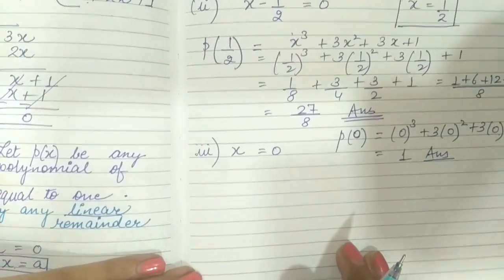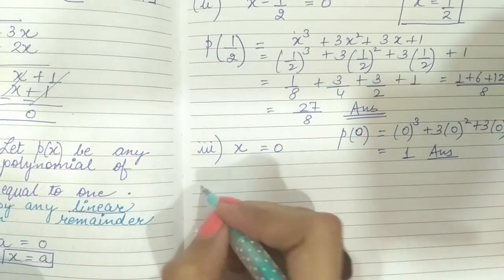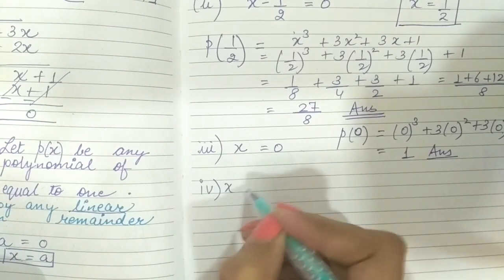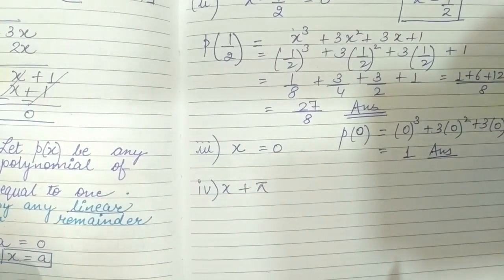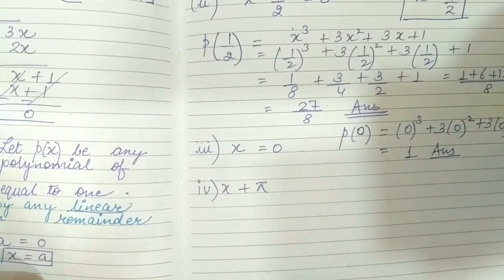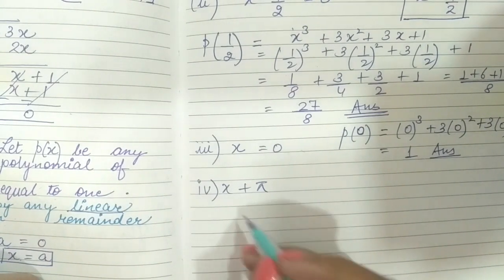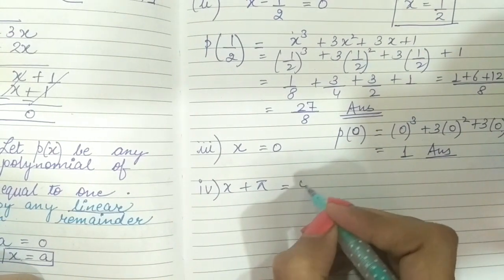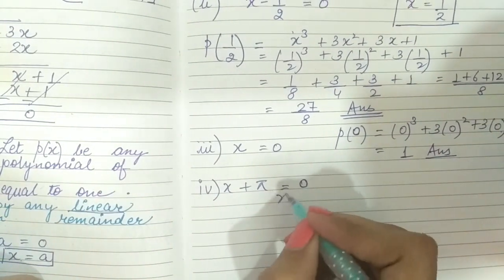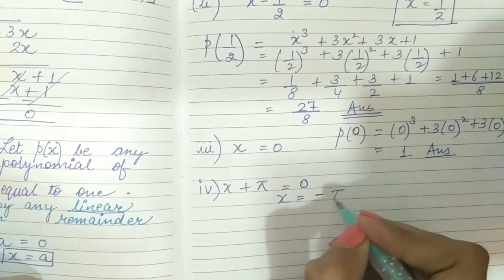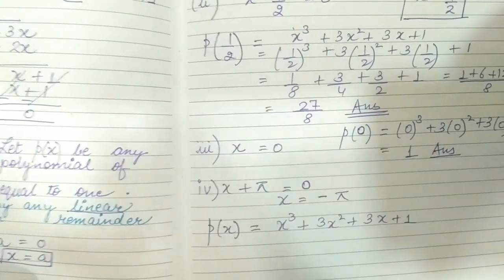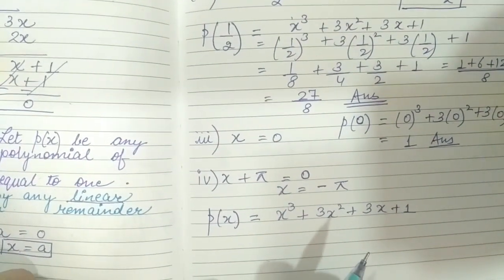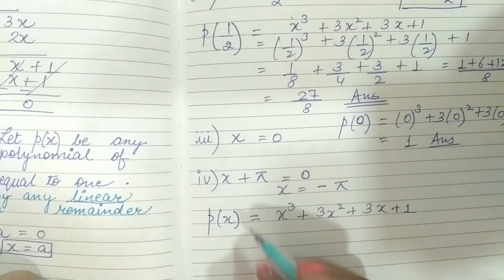In the next part, the divisor given is x plus pi. Again, first you have to find the 0 of the divisor. The divisor here is x plus pi. Just equate it to 0. It will become x equals minus pi. Now put x equals minus pi in our dividend.